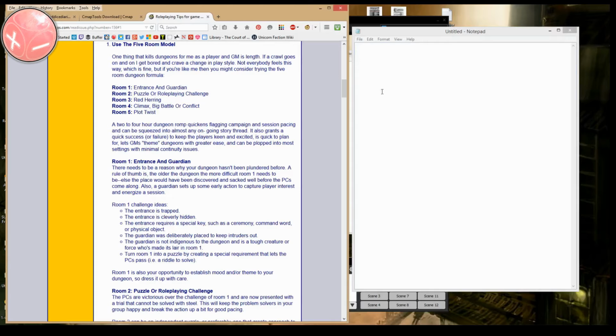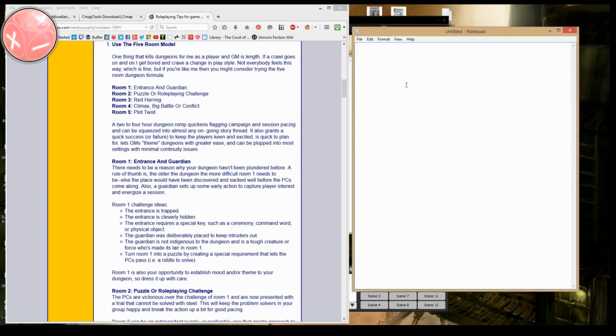So if I click on there, the 5-room model says that a dungeon should consist of 5 rooms or 5 main sort of plot points. Now, although I don't very often run dungeon crawls, since I don't find them particularly interesting per se, the 5-room model can be very easily adapted into other styles.